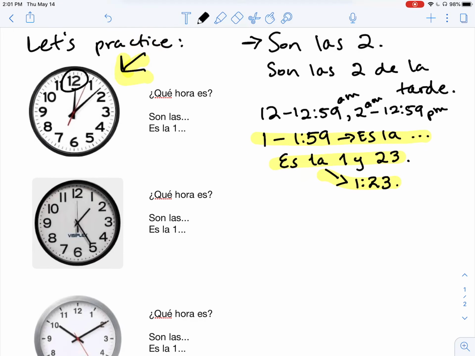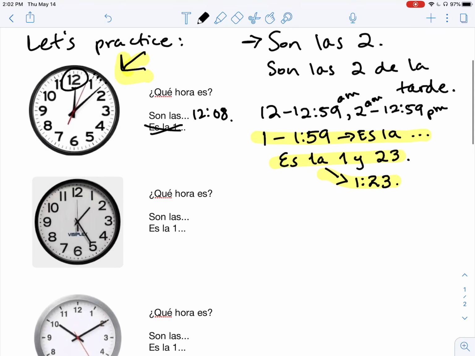The short hand is on the 12, and the long hand is between the 1 and the 2, so it's 5, 6, 7, 8. Son las 12:08. Do we need to say es la? No, because it's not in the 1 o'clock hour.